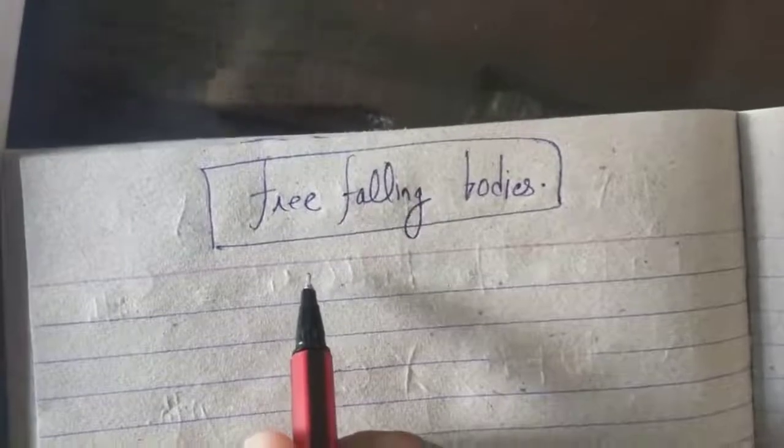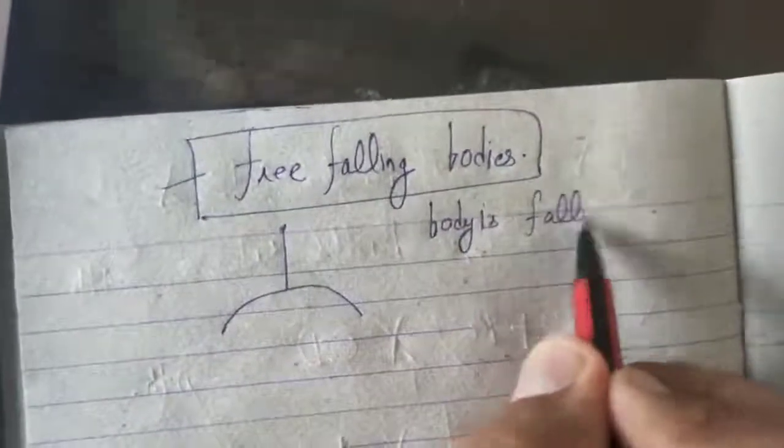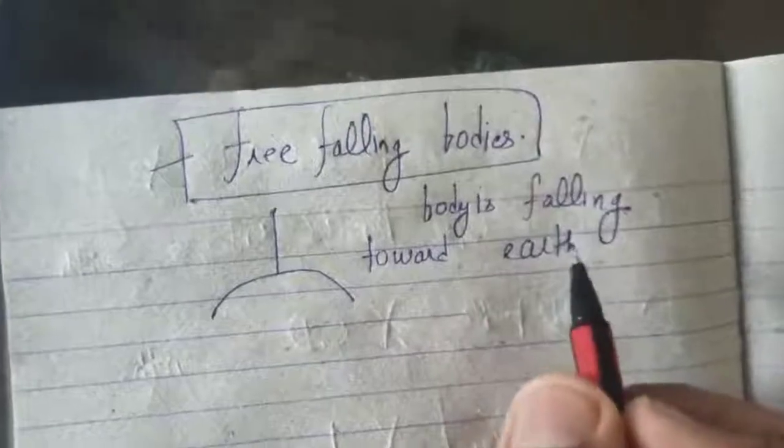Next concept is freely falling body. If the body is falling on the earth only under the impact of gravity, we can say that the body is in a free falling state. Body is falling towards the surface of earth only under the impact of gravity. Body is falling toward earth and only the force of gravity is acting on it.